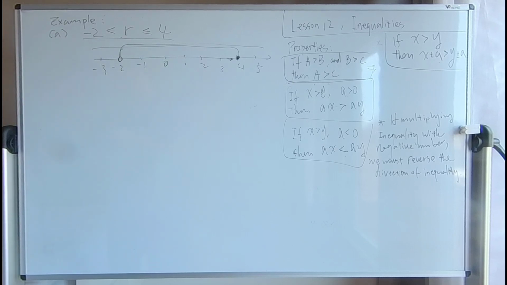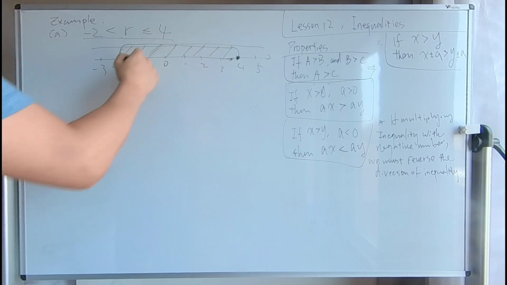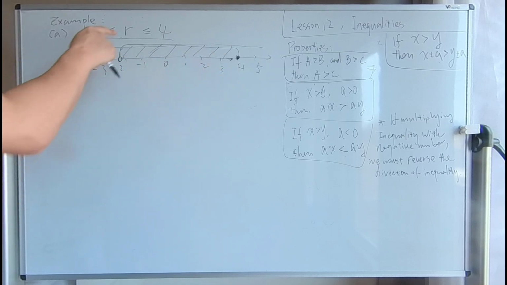So to solve more than one inequality from the number line, you take the intersection of all the regions together. Basically, here the intersection is this shaded area. All the numbers that fall in this intersected area will satisfy this inequality.